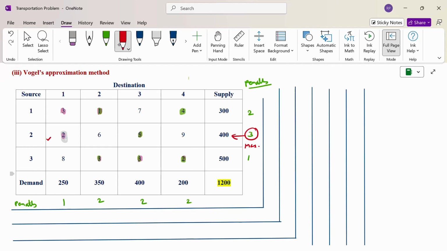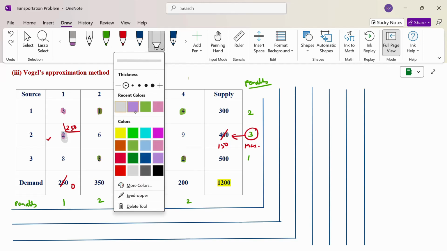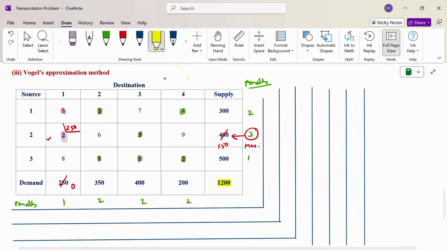So now this is our selected cell, the 2. In this cell, allocate based on the demand value and supply value. So demand 250, supply 400, allocate the minimum value. When allocated, the minimum leaves 0, this value 150. Now where there is 0, delete the particular row and column. Now I am going to delete this column.